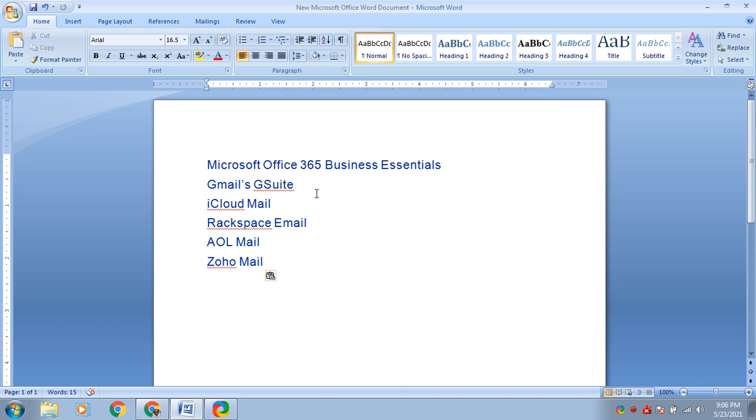As I told you about the ecosystem, for Microsoft it's the Office 365 Business Essential, it's their ecosystem. For Google it's Gmail's G Suite. For Apple, it is iCloud Mail, and there are similar services like Rackspace email, AOL mail, and Zoho mail. Some of these features are free of cost, like sending and receiving an email.